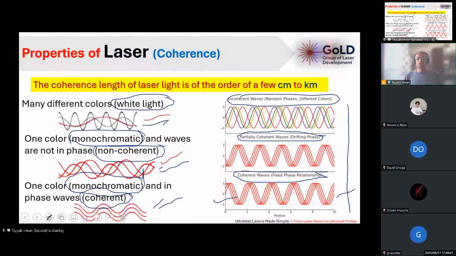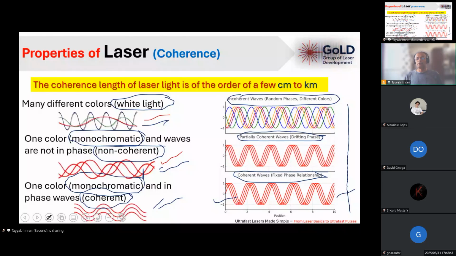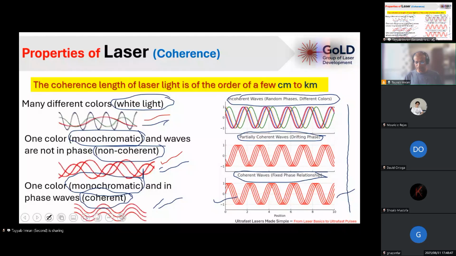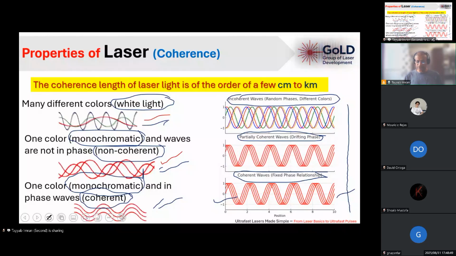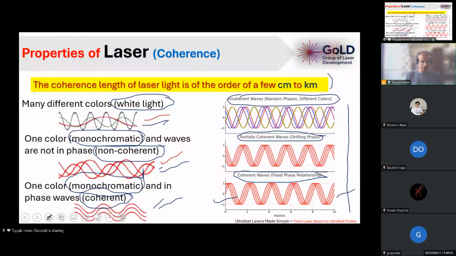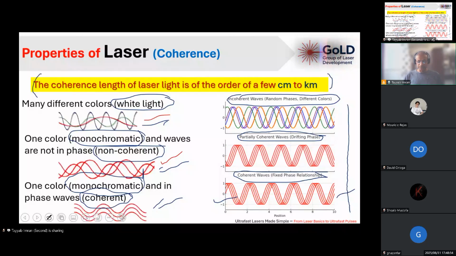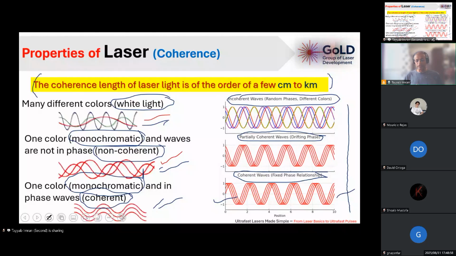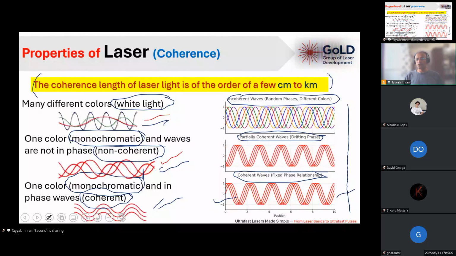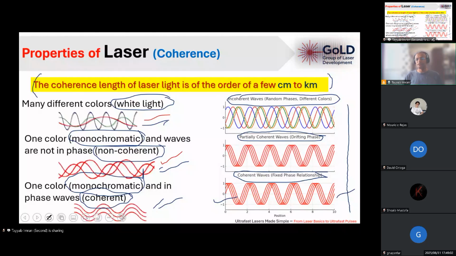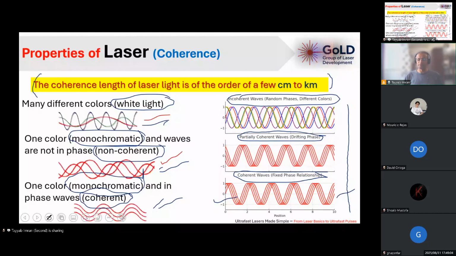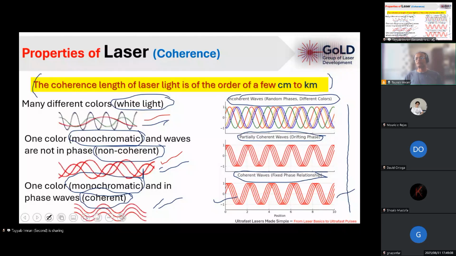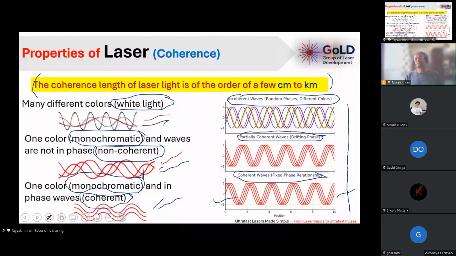And in this yellow portion here, it's written that coherence length is very important to know in some cases. Coherence time may also be. It will tell you how good your laser light is.